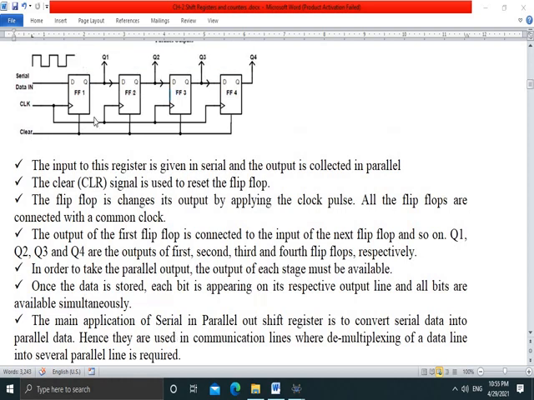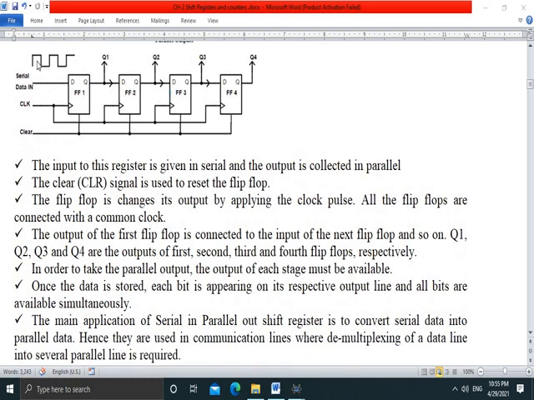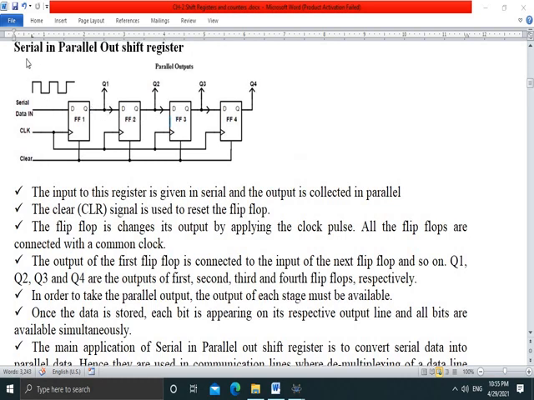See, the main use of this register is when our data is serial, meaning data is received in the computer 1 bit by 1 bit, and if you want to take the data as multiple bits, then for serial to parallel conversion we use serial in parallel out shift registers in computers.